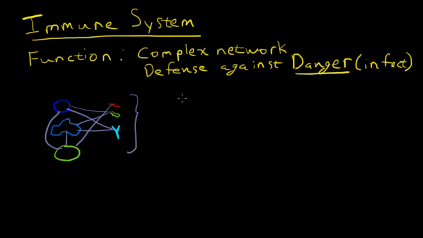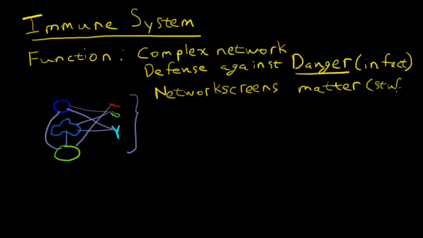So how does it actually do that? Well, to perform that function, this network screens all the material, all the matter in the body. Matter, that's just stuff in the body.